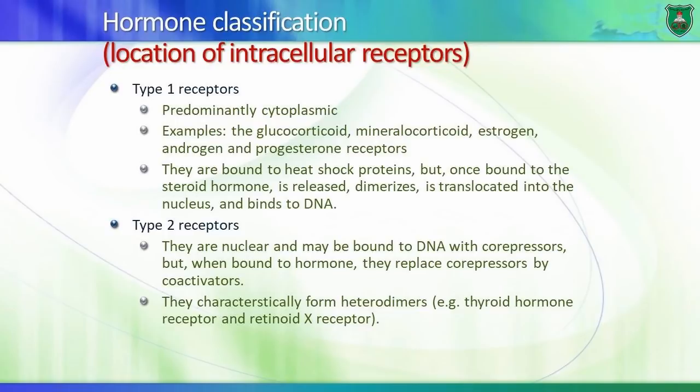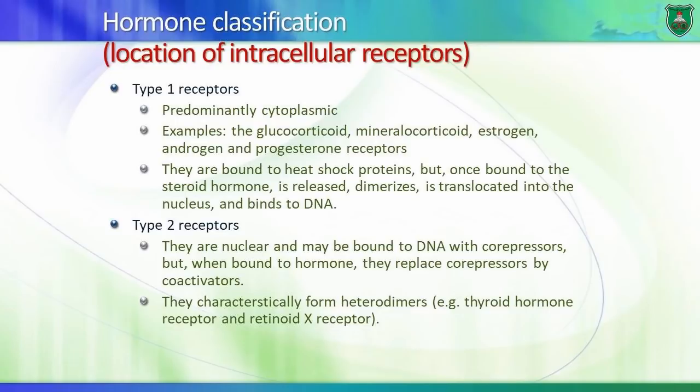When the hormone goes into the cell, it binds to the receptor and the heat shock protein is released. The receptor dimerizes with another receptor, usually of the same type, and the dimer goes into the nucleus and binds to DNA. Examples include glucocorticoid receptors, receptors of the mineralocorticoid, estrogen, androgen, and progesterone receptor as well.